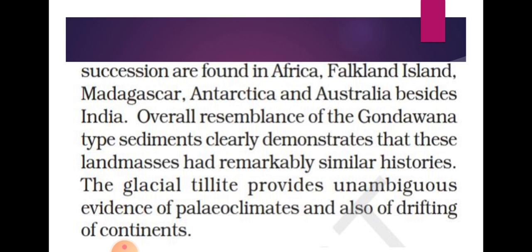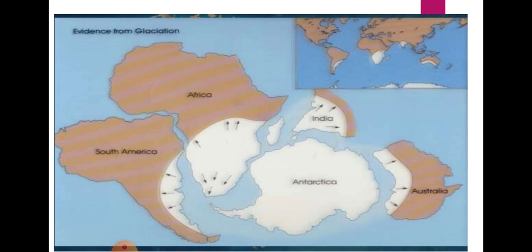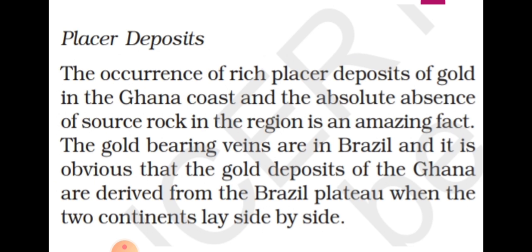The glacial tillite provides evidence of paleoclimate as well as drifting of the continents. You can see this picture, and in this picture the white colored part is a part of the evidence of the glaciation. So it shows that about 100 million years ago these continents were close to each other, they were together.